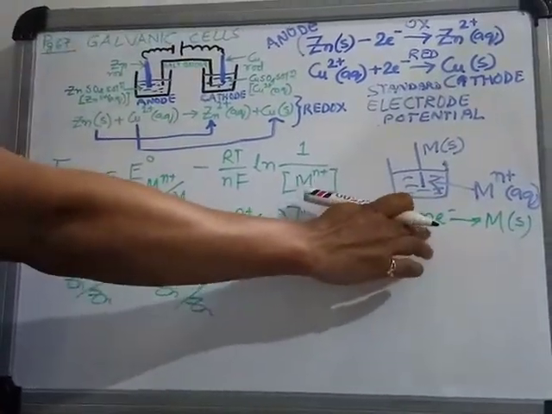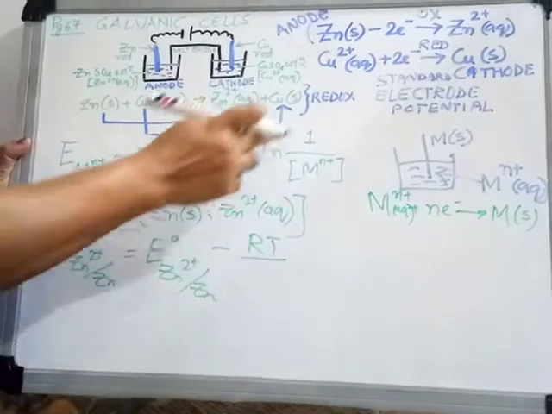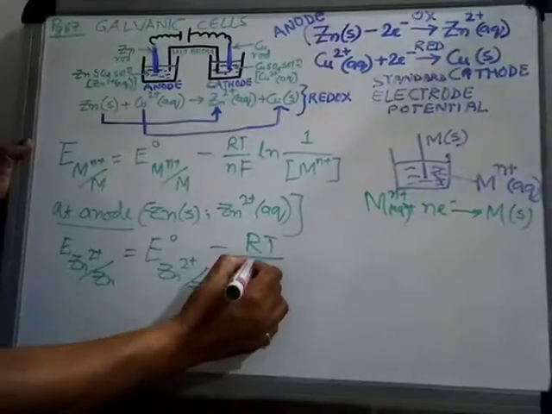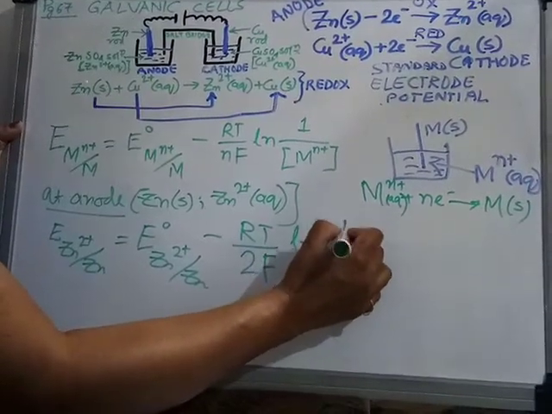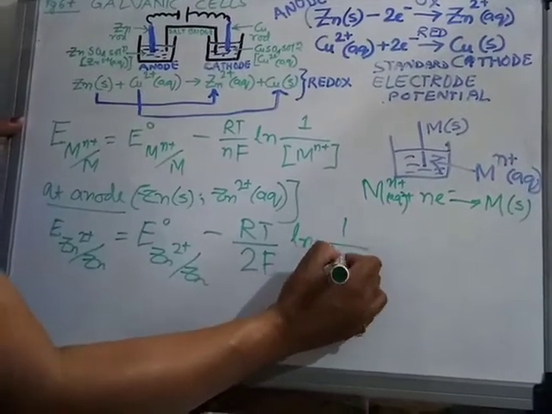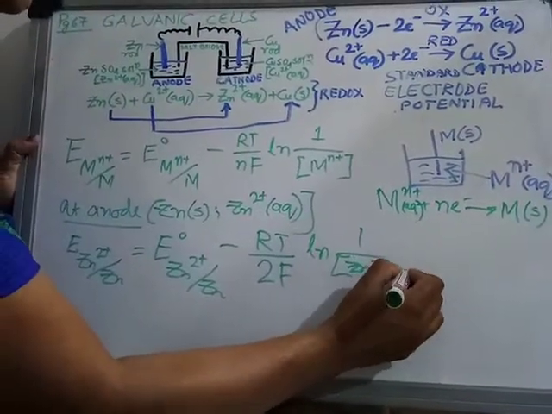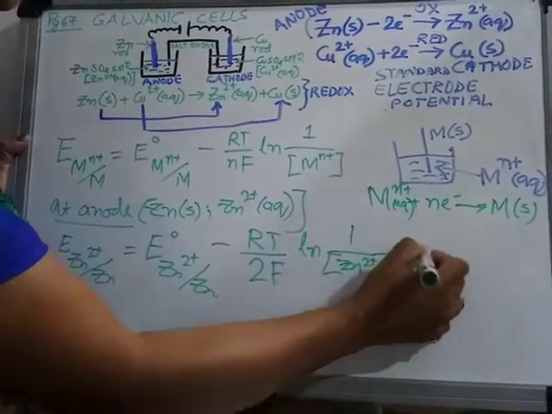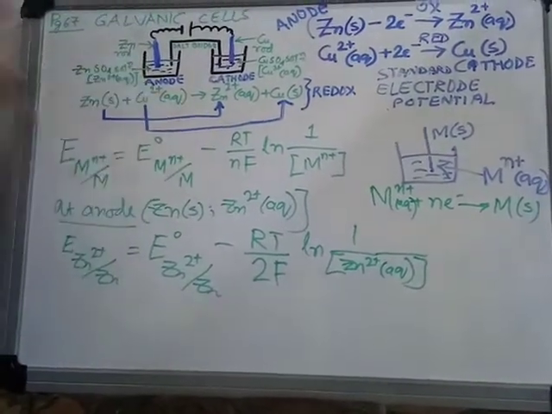So there n is the number of electrons. In the case of zinc, we will take it to be 2. So that's why it is 2F ln of 1 divided by Zn2+ aqueous. This is the way the Nernst equation will be applicable for the anode.